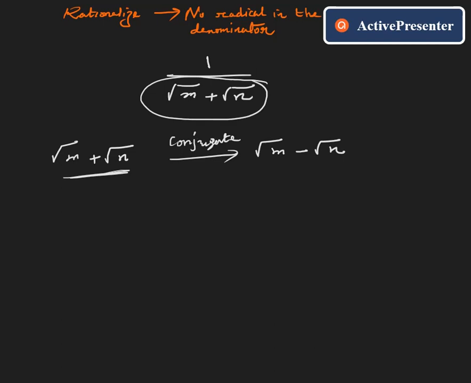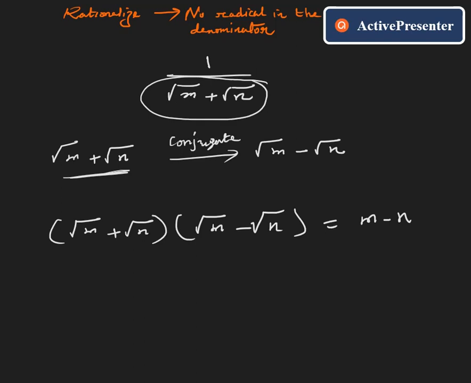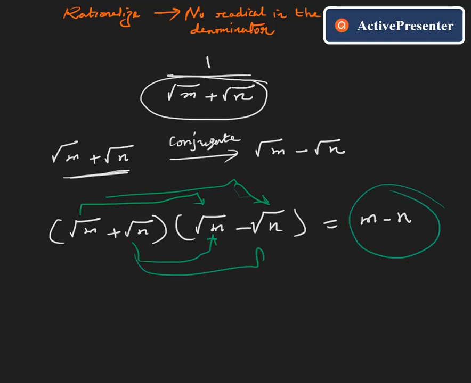Why is that? Because if you multiply square root of m plus square root of n by square root of m minus square root of n, it is equal to m minus n. Always equal to m minus n. If you want to see why, use the distributive property, multiply this and this, and this and this, also this and this, and this and this, and you will eventually get this one.